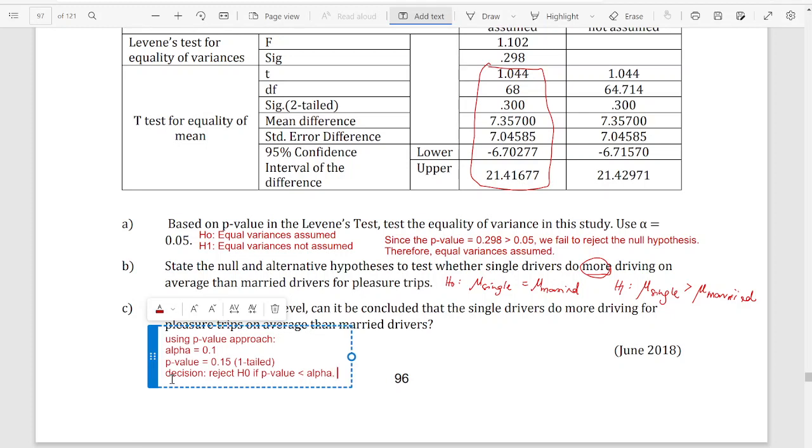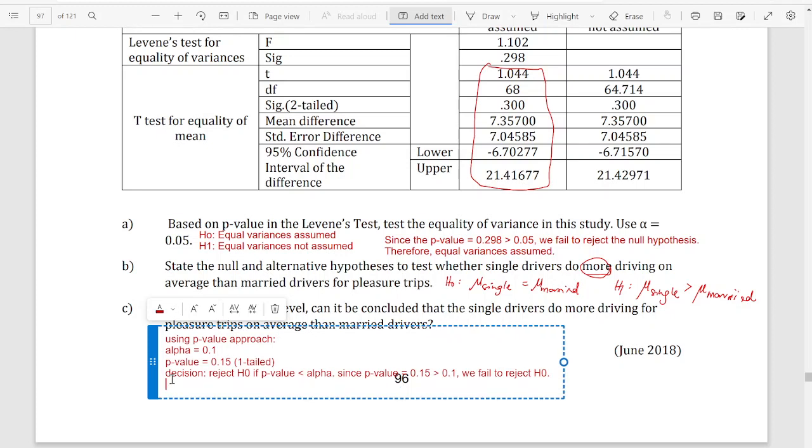But in this situation, since p-value is equal to 0.15, which is greater than 0.1, so in this situation we fail to reject H naught. Okay, we fail to reject H naught.